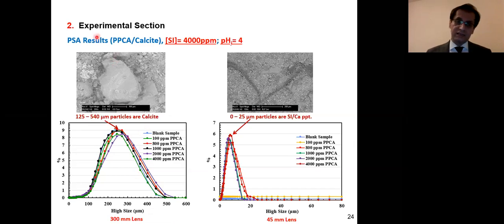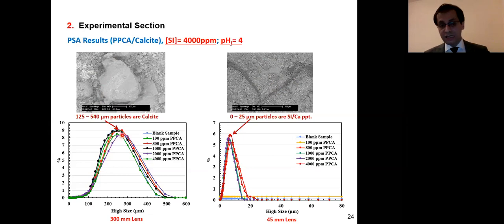In this case, in PPCA, as the amount of phosphorus in the chemical structure of PPCA is not that high to be recognized by EDEX, we had to change our analytical instrument to the particle size measurement. So we could visually see some bulk precipitate, but we didn't detect any phosphorus around, due to the low content of phosphorus in PPCA.